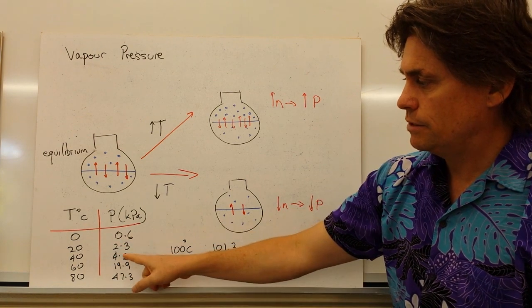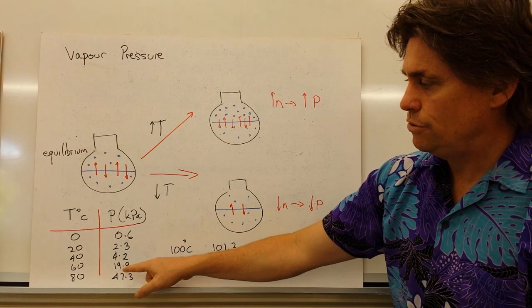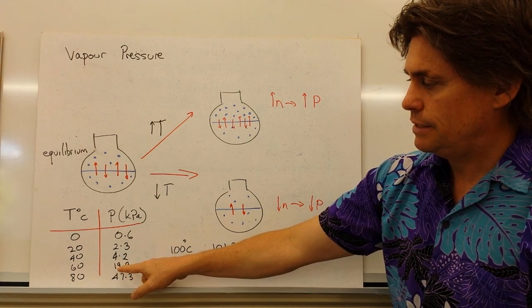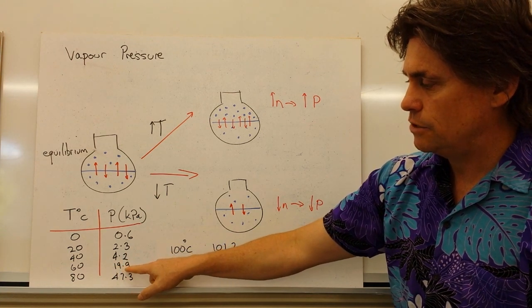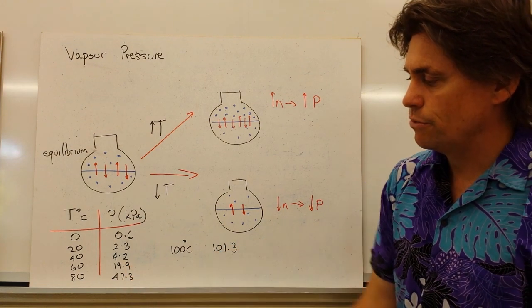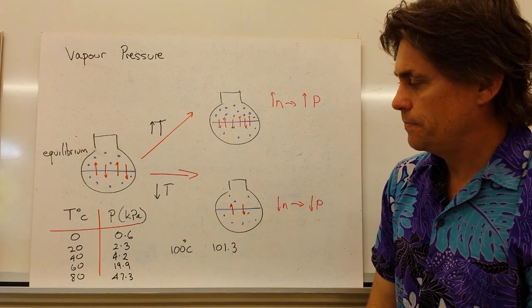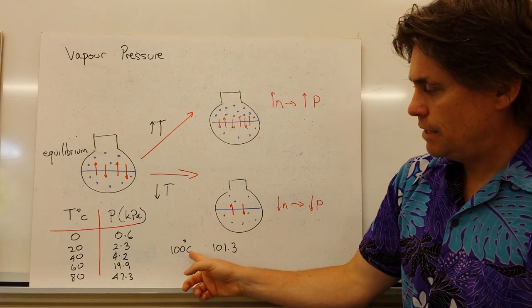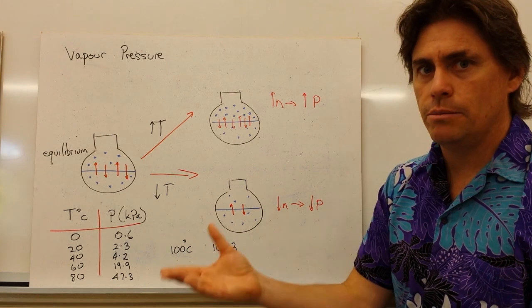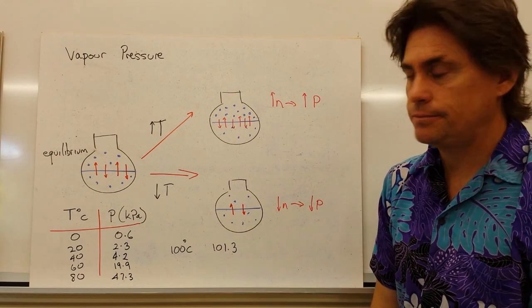As we go up to 20 degrees, it's 2.3 kilopascals. At 40 degrees, 4.2, and we really make a jump as we get to 60 degrees, where we've got just under 20 kilopascals. At 80 degrees, we've got 47.3 kilopascals. So there's quite a rise through there. Our final value here of 100 degrees is the boiling point of water, which is 1 atmosphere of pressure.